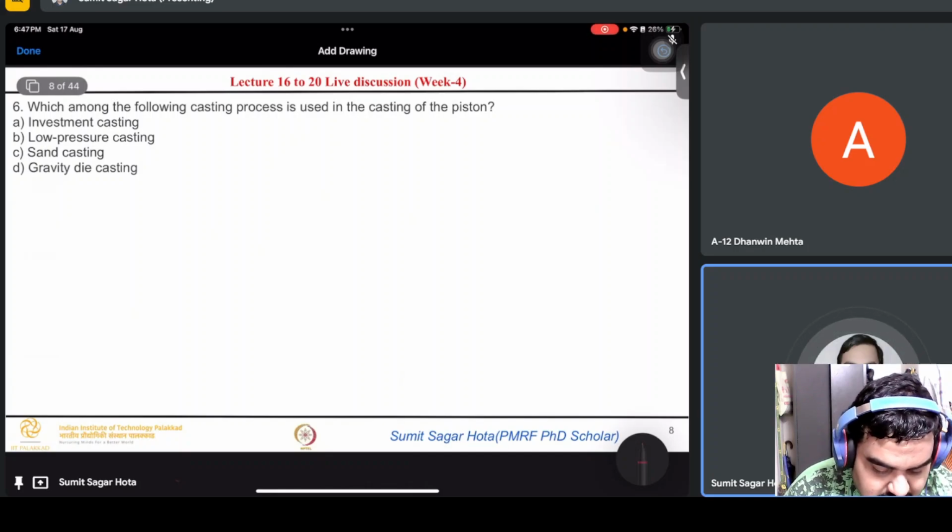Which among the following casting processes is used in the casting of the piston? The answer is D, which is gravity die casting.